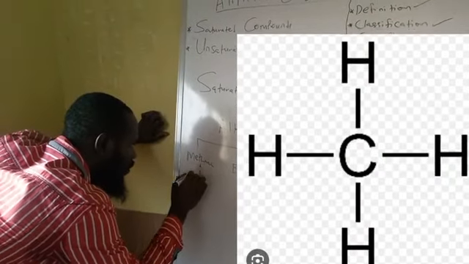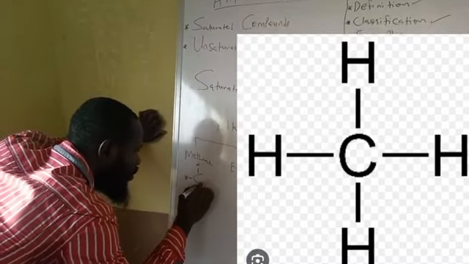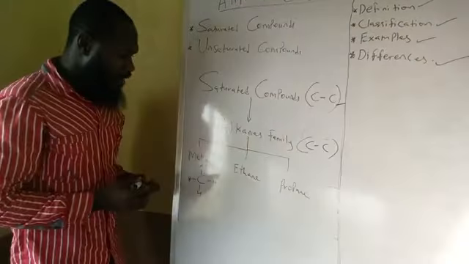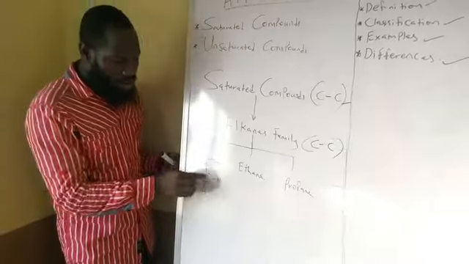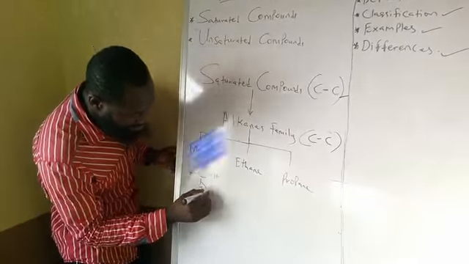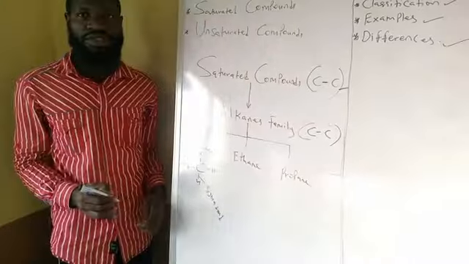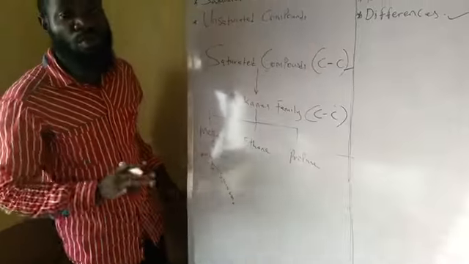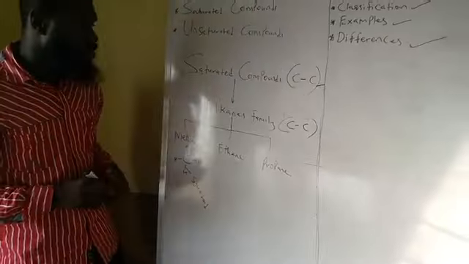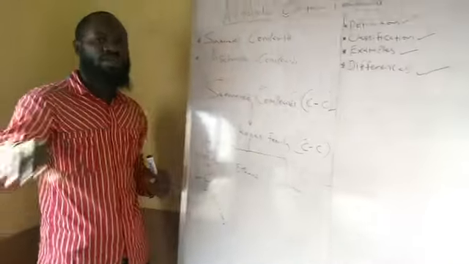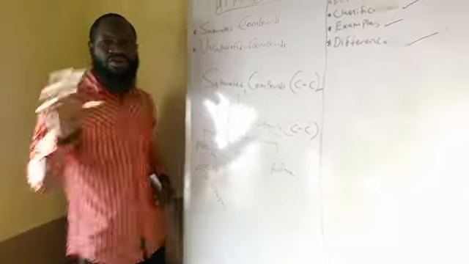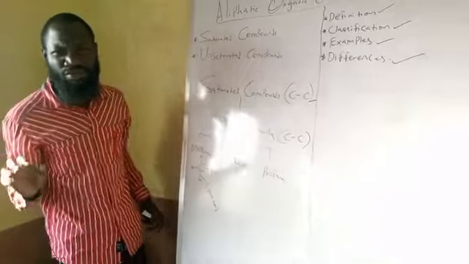If you check the structure of methane, it has only single bonds in it, and all these single bonds are sigma bonds. They are sigma bonds, meaning they are unbreakable bonds. That is why we said saturated compounds contain the maximum number of hydrogen, meaning they are what? Unbreakable.